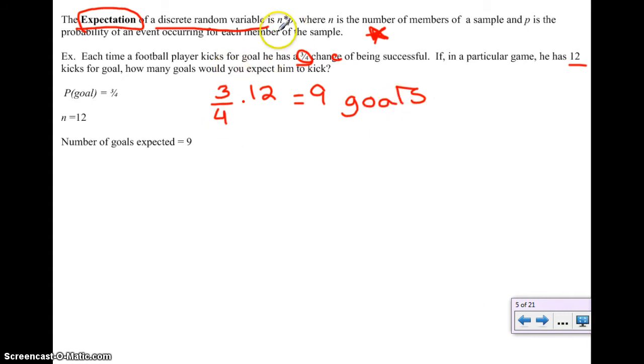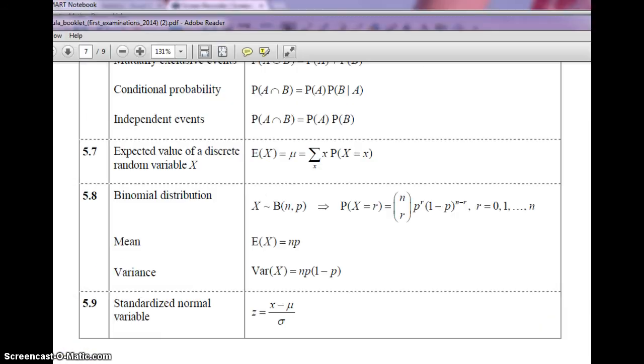So without even really thinking about it, that's all N times P is telling you: if you're looking for an expected outcome, you take the number of trials multiplied by the probability of each. If you look in your packet, where it says mean for discrete random variables, it also has E, which stands for expected. That's the N, the number of times, times the P, the probability of each of those trials.